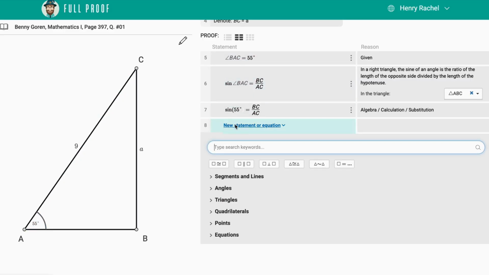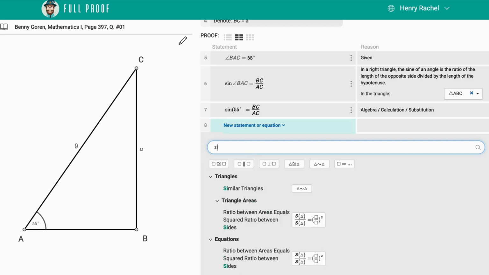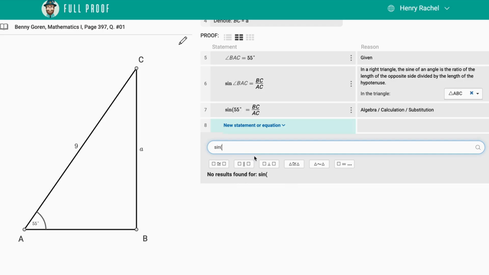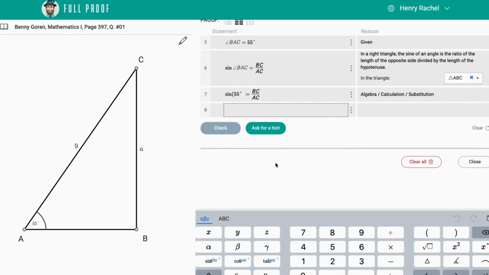All right. So now let's substitute more. Sine 55 degrees equals, and now let's substitute these segments. So segment BC is actually A, and segment AC is 9.